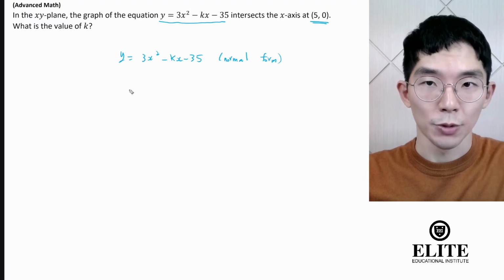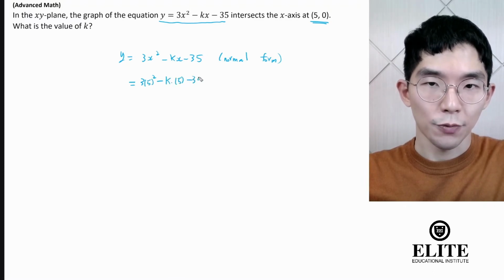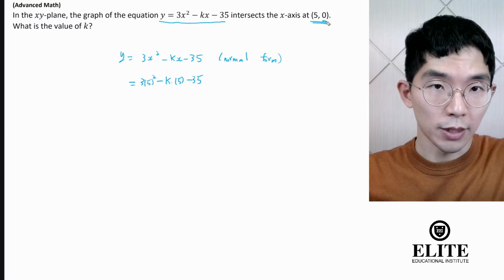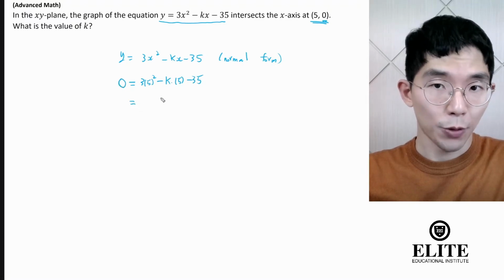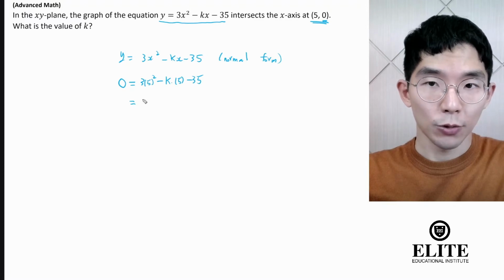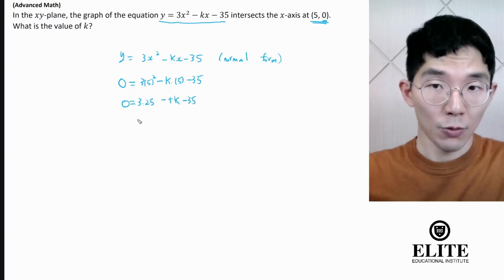See, (5, 0). So x is equal to 5, minus k times 5, minus 35. And in the y's place, it has to be equal to 0. Therefore, simple direct plug-in: 3 times 25, which is 5 squared, minus 5k minus 35 has to be equal to 0. And now, what do we have?